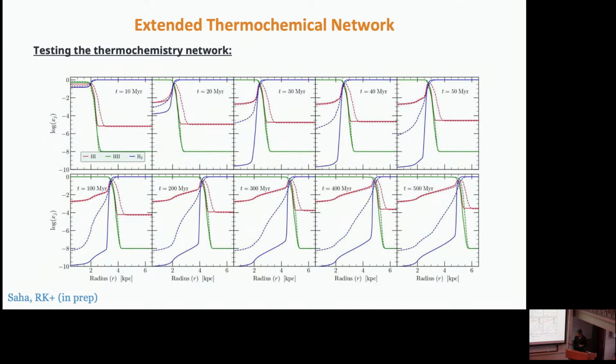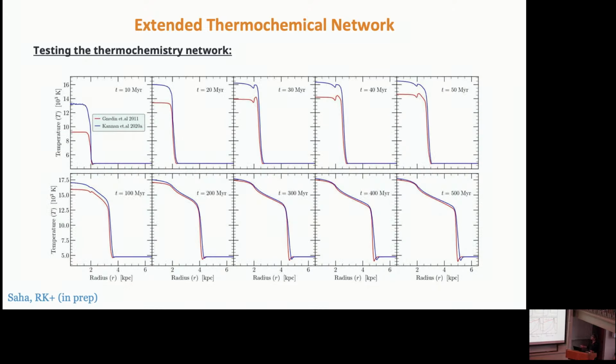And this is the quantitative plot showing the evolution of the Strömgren sphere as a function of age. The solid lines are this new extended thermochemical model, and the dashed lines are without it, the previous model, which was more simplistic. You can see there are differences in the abundances of H2, for example.